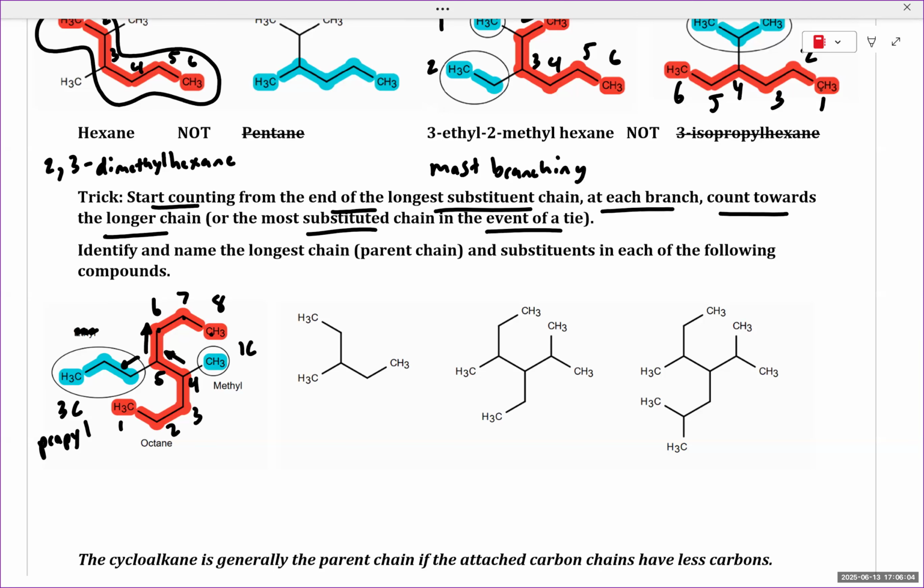For your reference in this case, this compound would be named as 4-methyl-5-propyloctane. For now, we're just going to focus on identifying the longest chain, the parent chain, and naming the substituents.